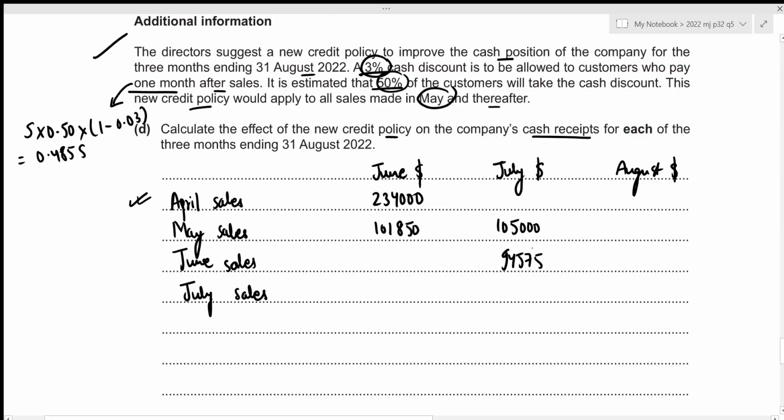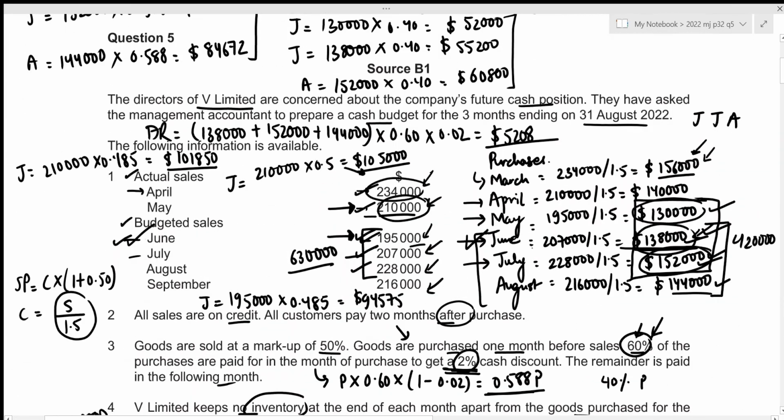And the remaining 50% will be received in the month of August. So now for August, that's going to be the amount of 195,000 times 50%, which results in 97,500. Let's write this down.